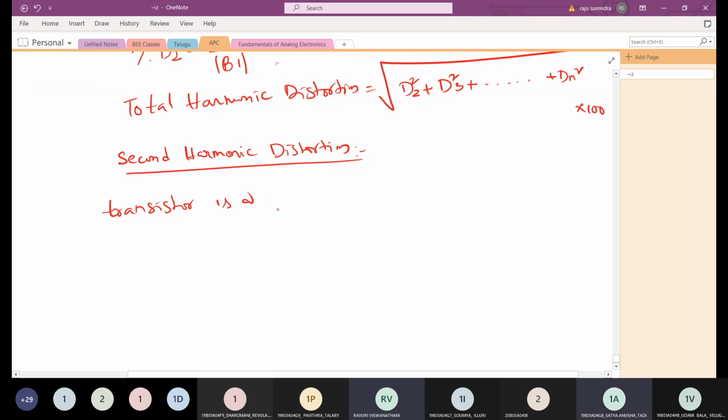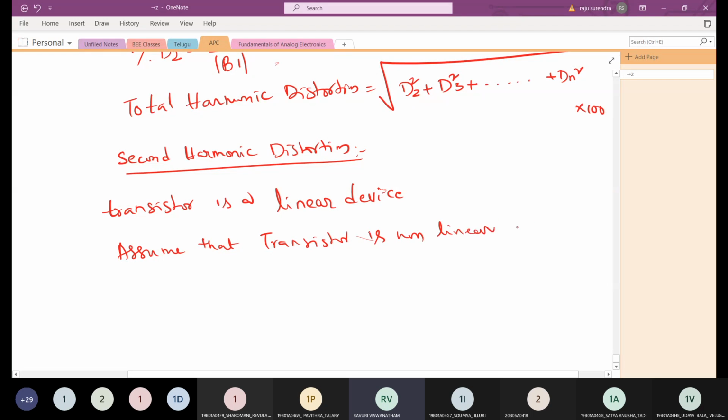Non-linear, sir, which is a linear device. Now assume that the transistor is non-linear and it is parabolic in nature.